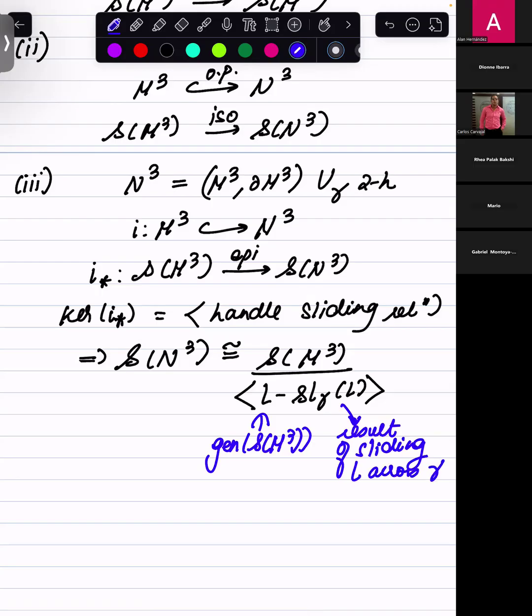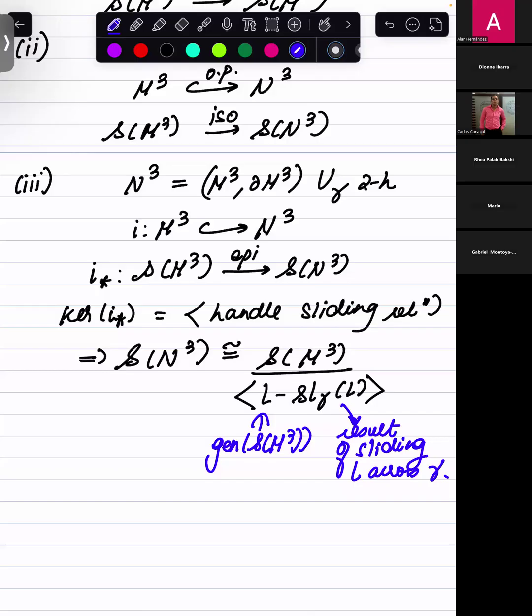across gamma. So the idea is that you could have two links that are not ambient isotopic to each other in the 3-manifold M. But the moment you glue a two-handle, you could slide one of those links across the two-handle and get that it's equivalent to the second link in N. So essentially, you're killing the number of generators, because now links are equivalent under two-handle addition.